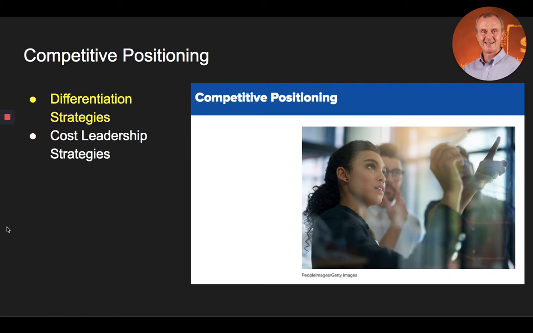Over time, firms might also engage in strategic repositioning by changing the competitive position of their company. This might involve changing the differentiation versus cost leadership focus of the strategy or changing the market coverage of the strategy.